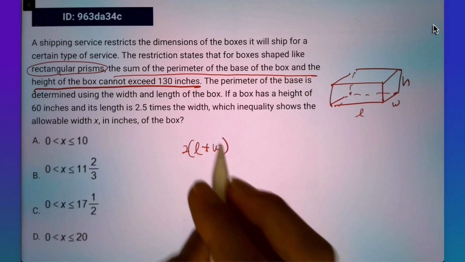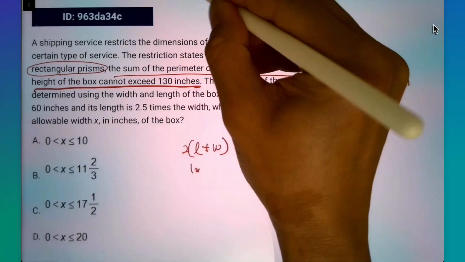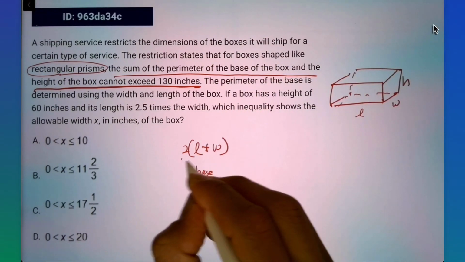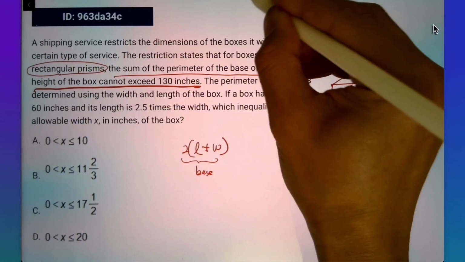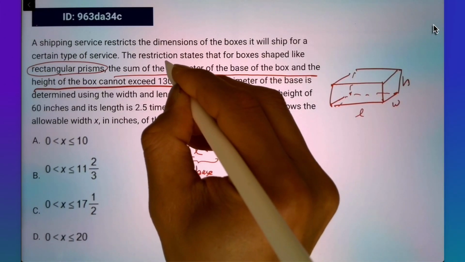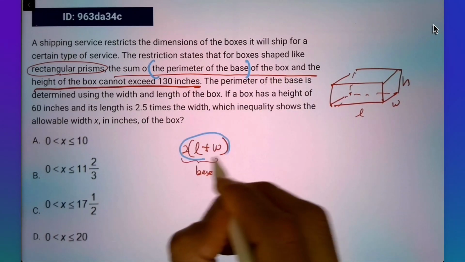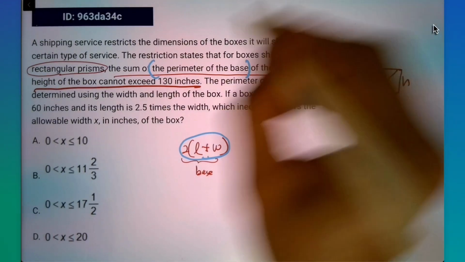So let me clarify. Here is the base of the box. And now we're adding. So I'll highlight the part. The sum of the perimeter of the base is really this part, and the height of the box.